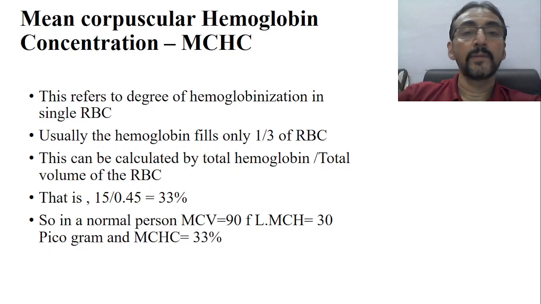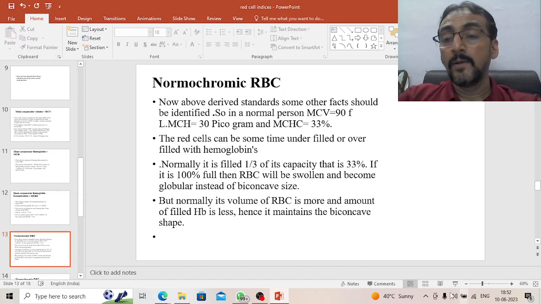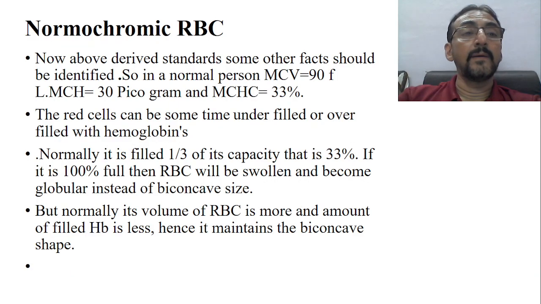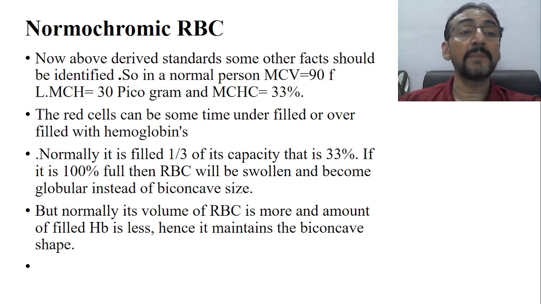Now look at this. The standards we have derived so far, some other facts should also be identified. In a normal person, MCV is 90 fL, MCH is 30 and MCHC is 33%. The red cells can sometimes be underfilled or overfilled with hemoglobin.